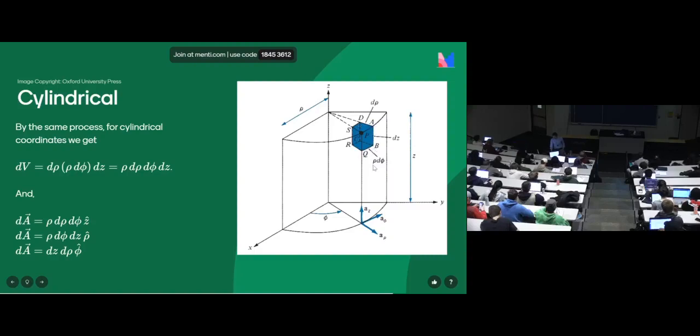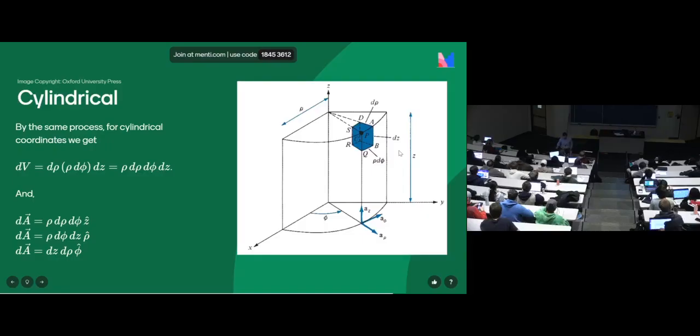If we only multiplied by d phi, we'd only be considering how the angle is changing, not how that arc is changing out along the edge of the cylinder there. So we have to multiply by rho. And d phi is going to be this azimuthal angle right here. And then we've got dz is going to be the vertical side, just like in the Cartesian coordinate system.